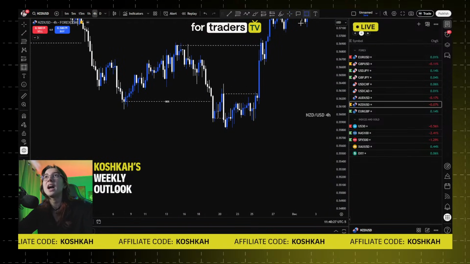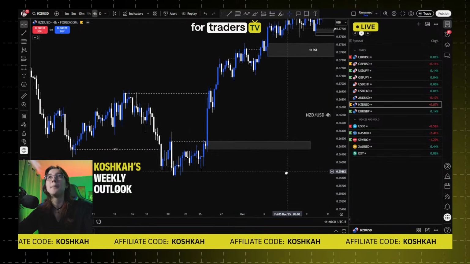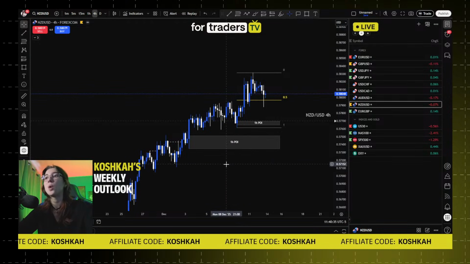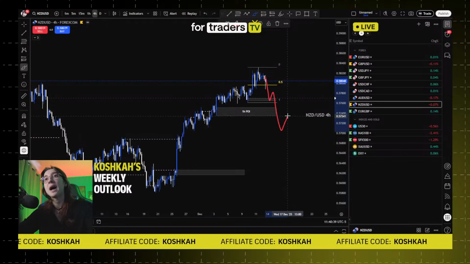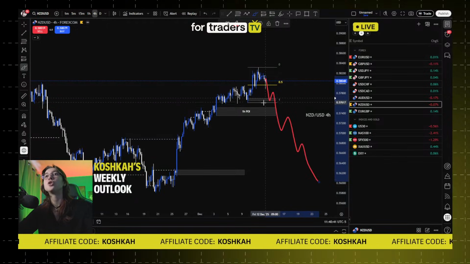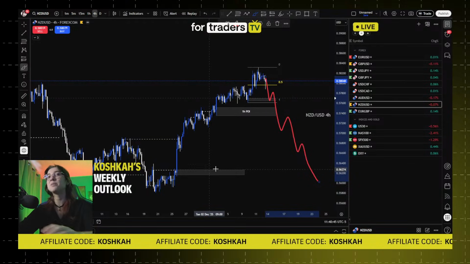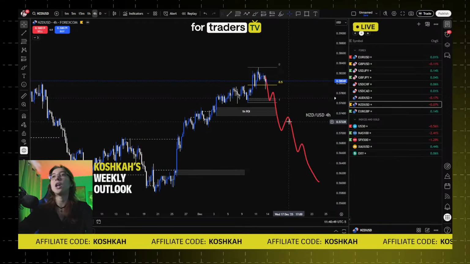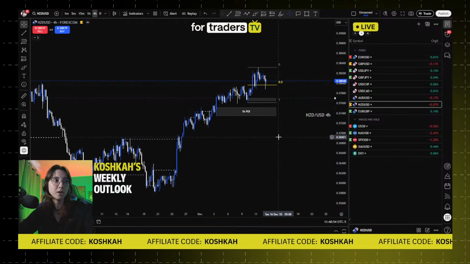It means that if I have a POI in the bottom exactly right here, as you can see, but my current range is on top right here, this POI would be too old, because by the time price comes back inside of this POI, the structure would have shifted and we're no longer looking for buys by the time price taps into the POI. So this is another condition on when the POI is not valid.